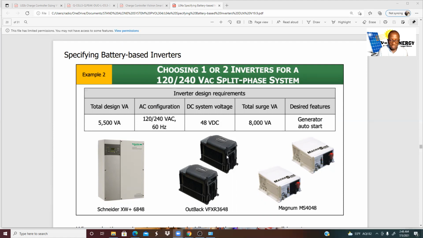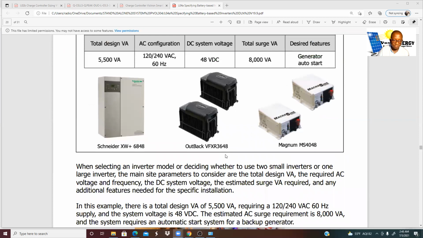Now we have a DC system of 48 volt. The total surge is 8,000 VA. The desired feature is generator auto start. Now look right here, we have two Outback inverters right here.